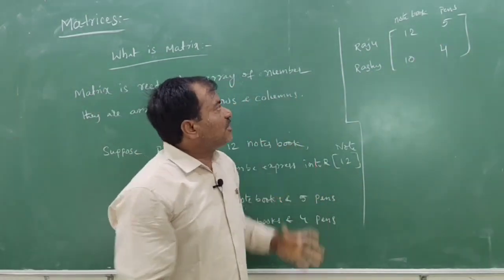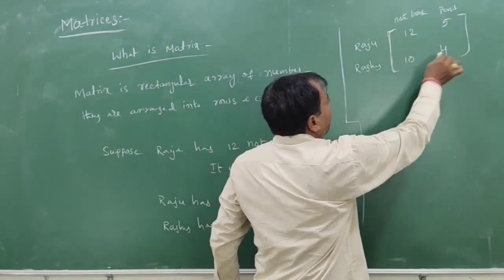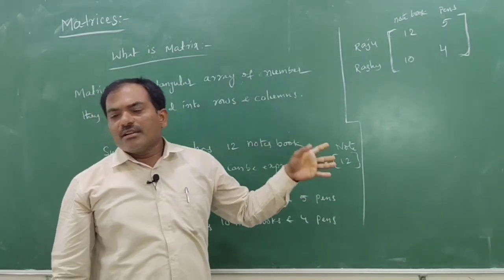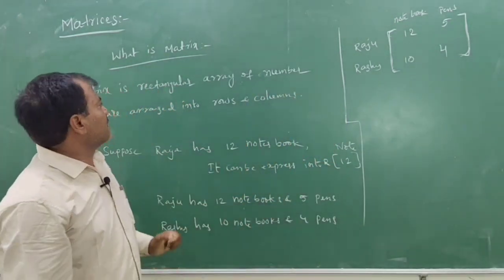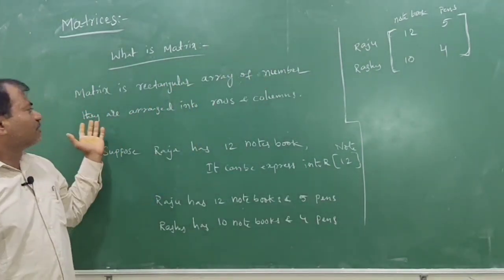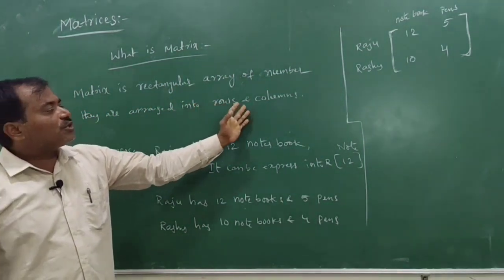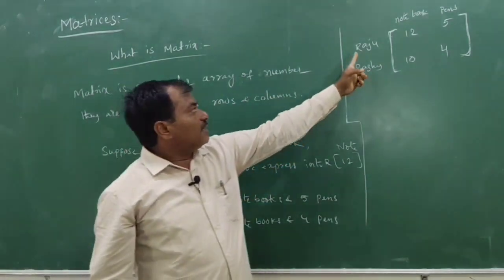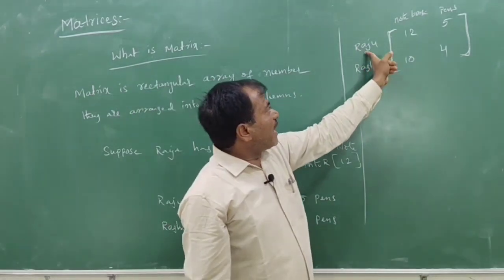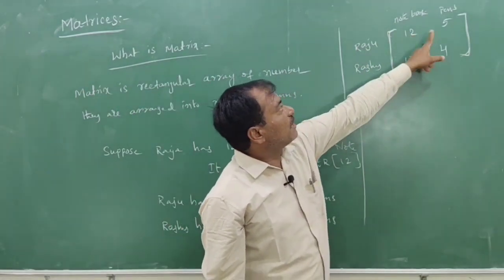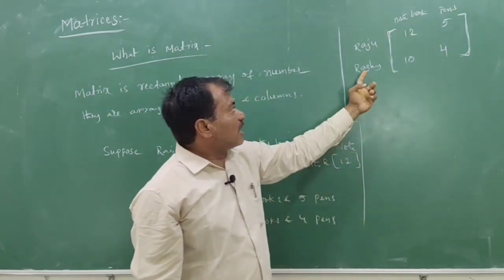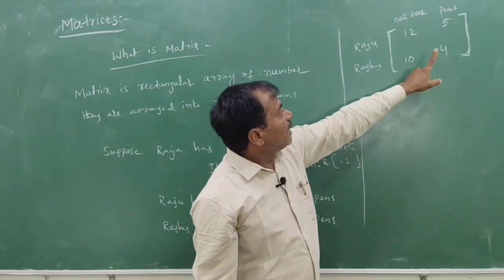This information can be put in square brackets. So this is called a matrix. Generally the definition of the matrix is a rectangular array of numbers arranged into rows and columns. Here Raju and Raghu are the two students. Raju has 12 notebooks, 5 pens, and Raghu has 10 notebooks and 4 pens.